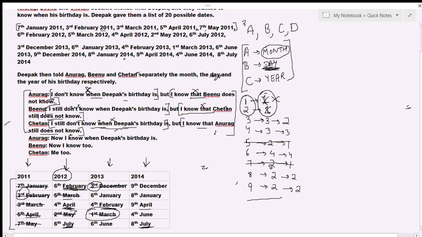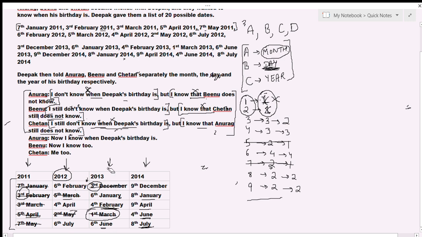Let us come to 2013. If Chetan would have been given 2013, he could have thought January, February and June. Now, January, there are two possibilities. February, two possibilities here and here. June, two possibilities here and here. Now, just a second, I would slightly erase this part because February is still there, July is still there and April is still there.